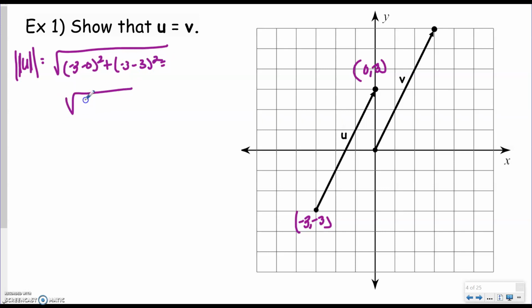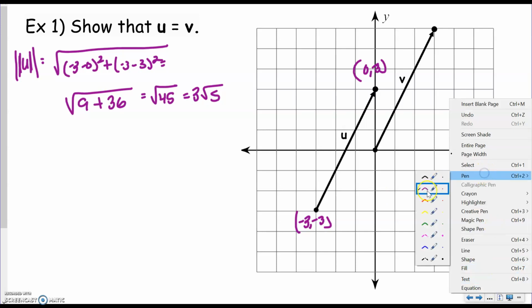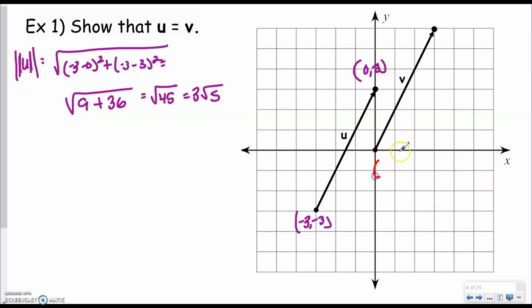So we get the square root of 9 plus 36 when we simplify that, which is the square root of 45. You can break that down to 3 square root of 5 if you would like, but you do not have to. We're just going to see that they're equal. Now the points for V. To find the magnitude, we have 0, 0, and we have 3, 6.